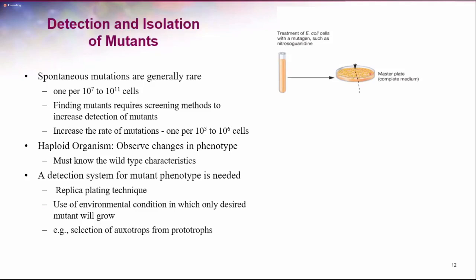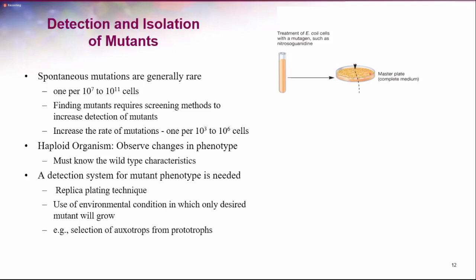Not every single one of those cells was going to become mutant. So there were going to be a few cells that were going to become mutant because of such low dosage. And we had to have a way of screening for that mutant, finding it out amongst a bunch of other cells that were still that original wild type. So how do you go about doing that?